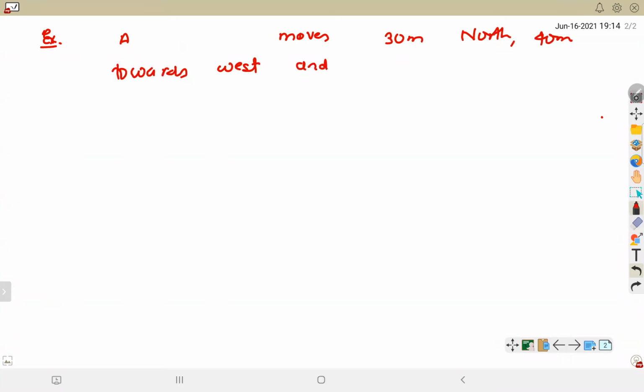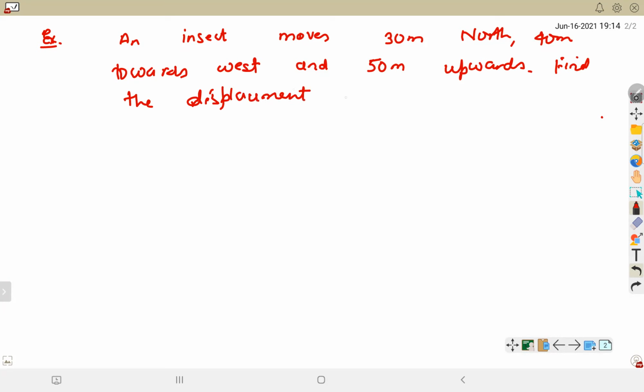An insect moves 30 meters towards north, 40 meters towards west, and then 50 meters upwards. Find the magnitude of the displacement of the insect.